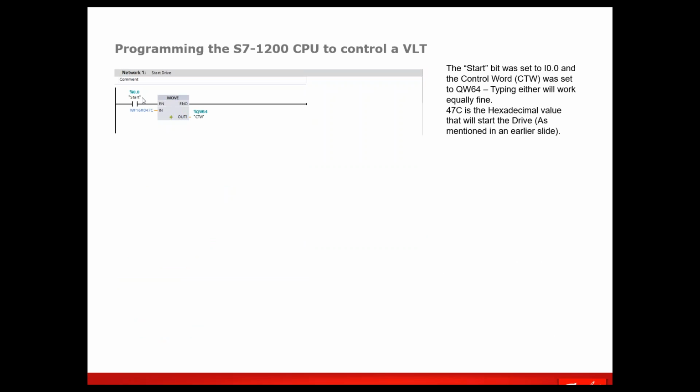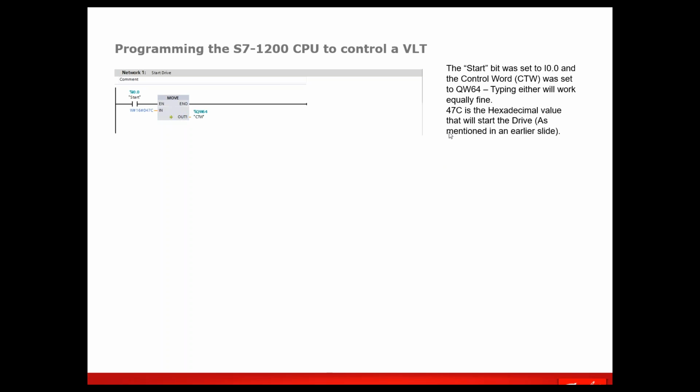When the start bit is turned on, it enables this move. And this is the hex code to tell the drive to start, 047C in the FC control word. And we are moving that value to the control word.